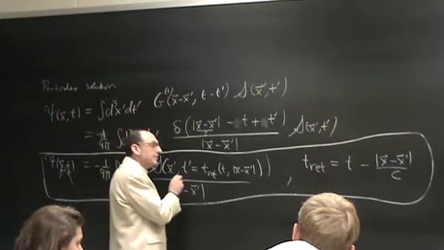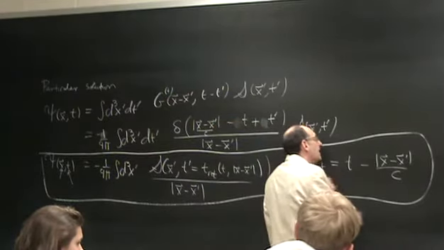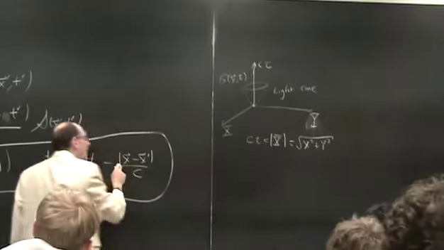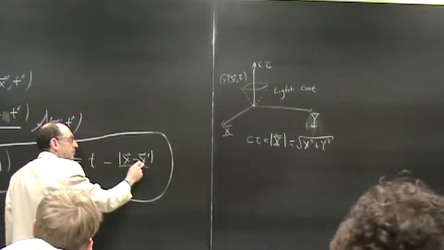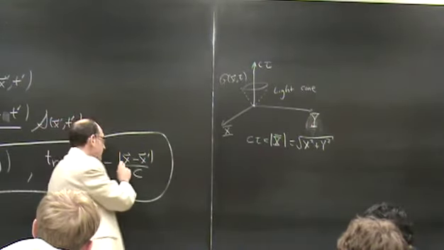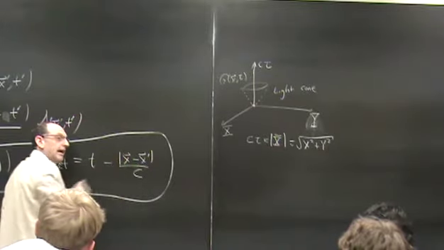And that time is none other than the time that it took the wave to propagate from its emanating point at x prime to the point of interest, x. So this is the time it takes to propagate.